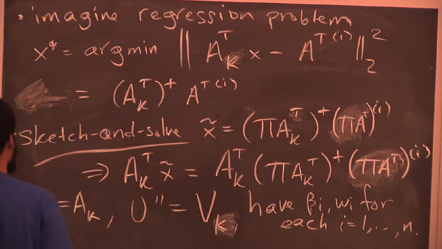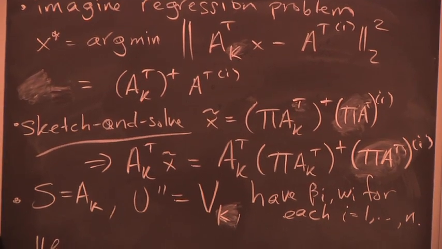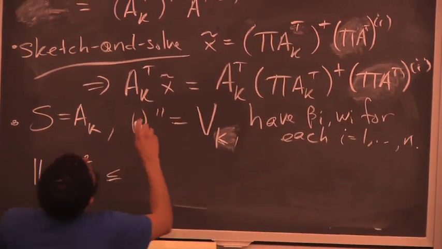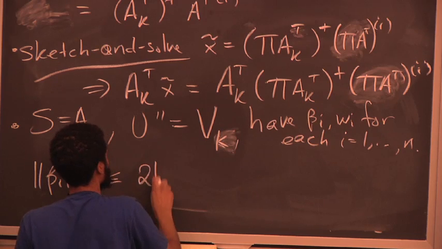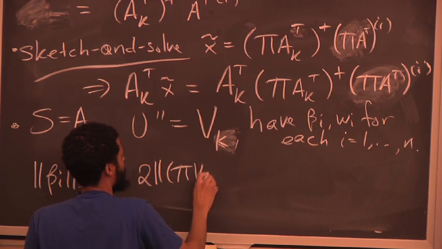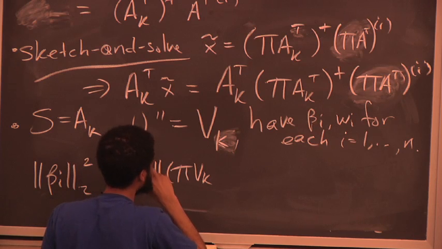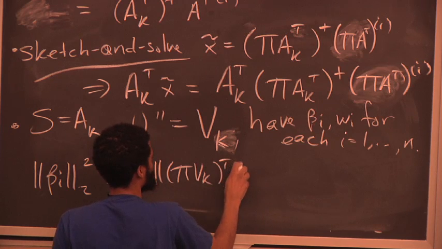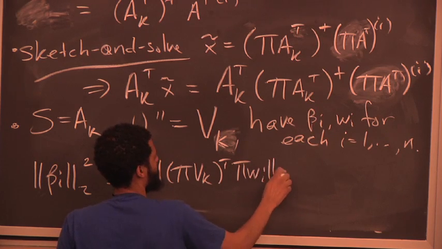And so what I had last time is basically now beta I squared is at most 2 times the L2 norm squared of pi VK transpose pi WI.